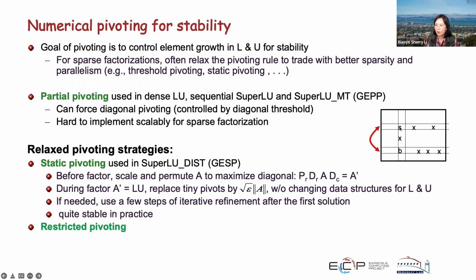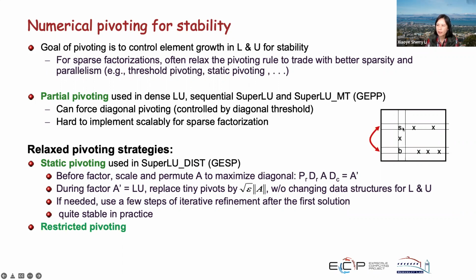Let's say at this stage of elimination I have only two non-zero rows, and my current pivot is S. Let's say this element is small, and the biggest element along this column is B. For partial pivoting, you would want to swap these two rows and use B as your pivot. But then you can see the difference in terms of sparsity.